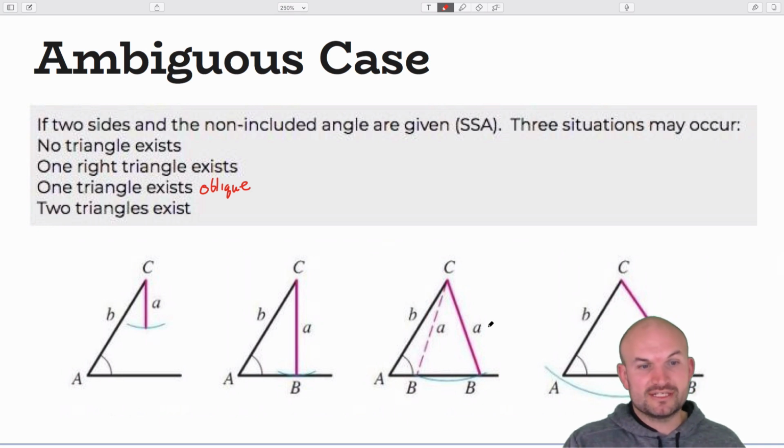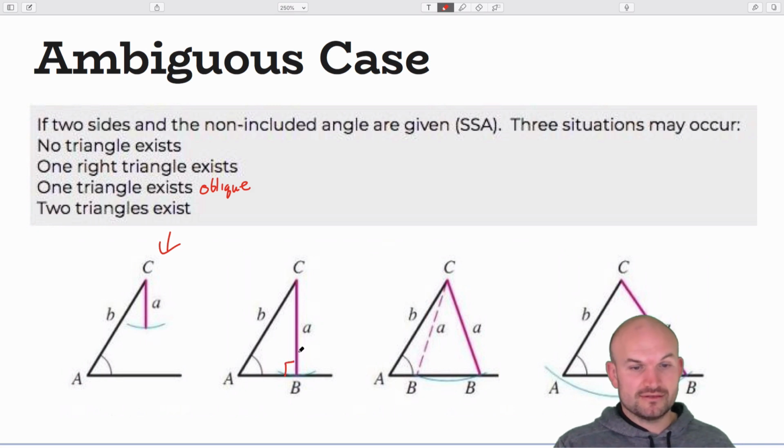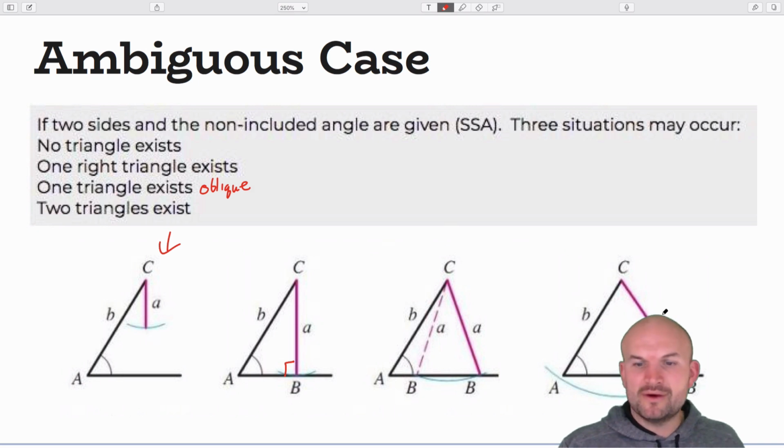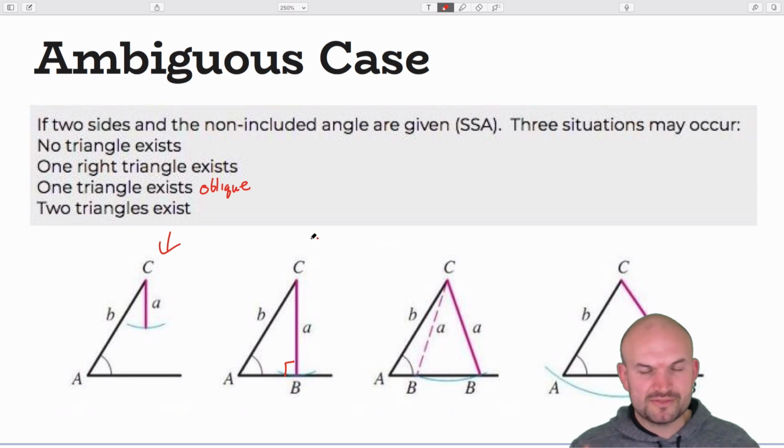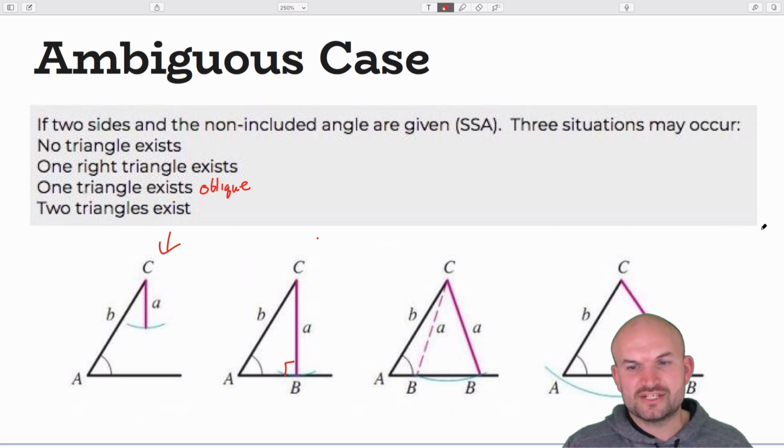We can have no triangle exist, which is this one. We could have a right triangle exist, which would be that one. We could have two triangles exist, which is usually the confusing one. Or we could have one triangle exist. For the first two examples, once we work through this, people usually understand it. The really difficult one is this one triangle case or this two triangle case.